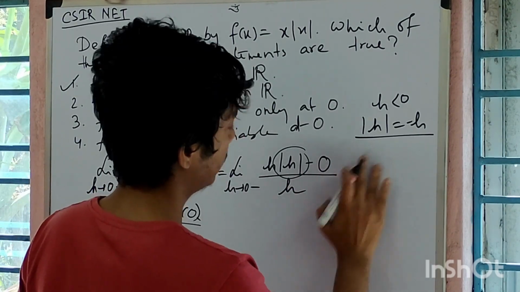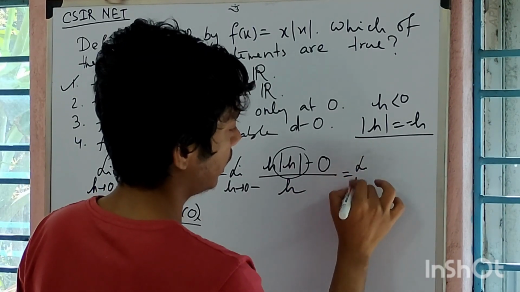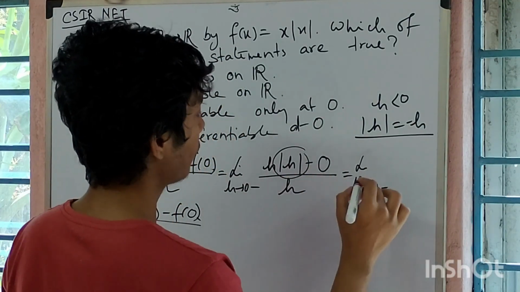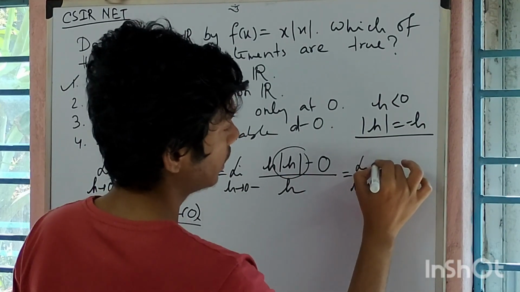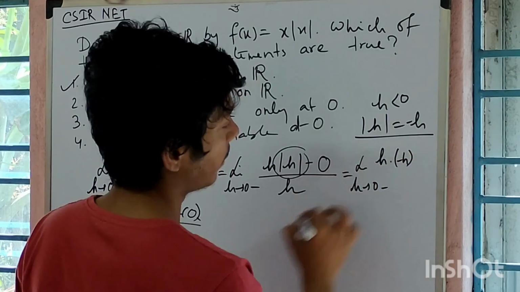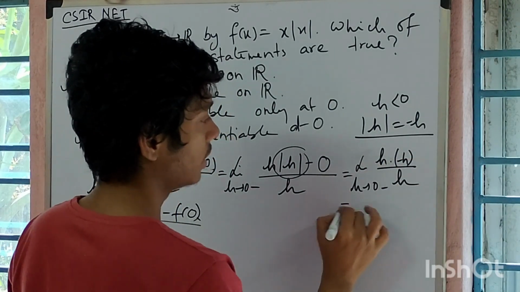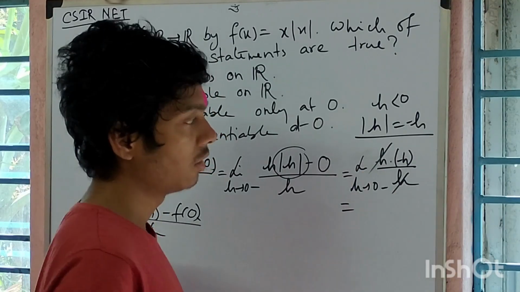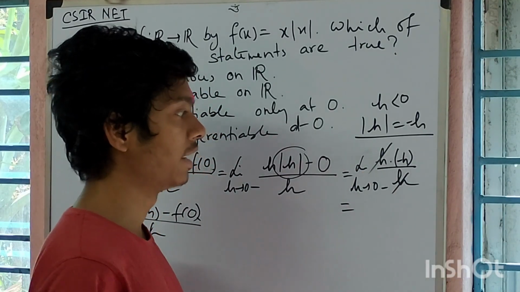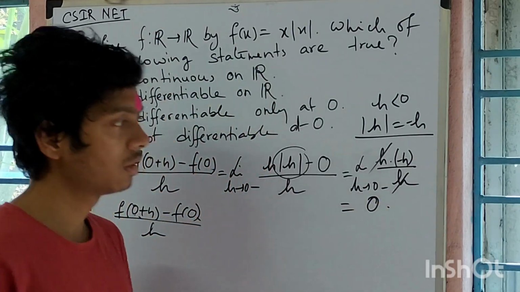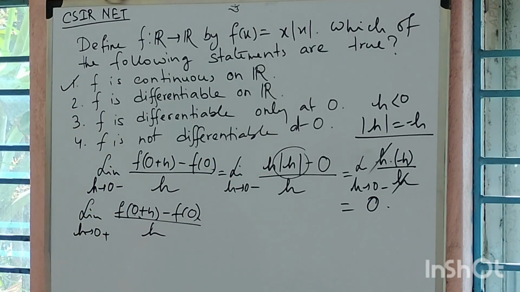It will be the limit as h tends to 0 minus of h times (-h) by h, and in this case the h will be cut down, and as h tends to 0, it will be 0. So its value is coming as 0.